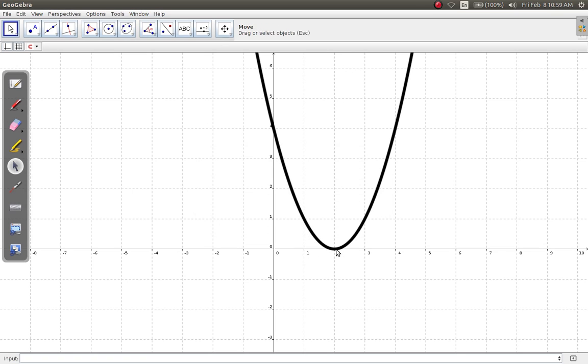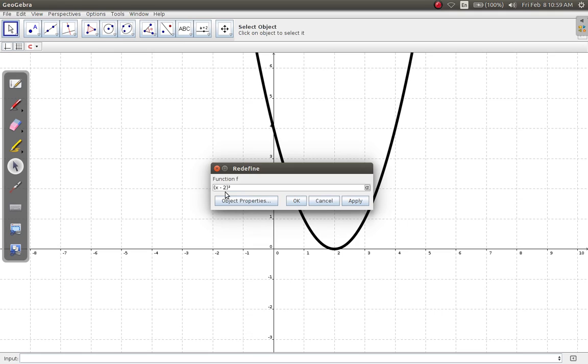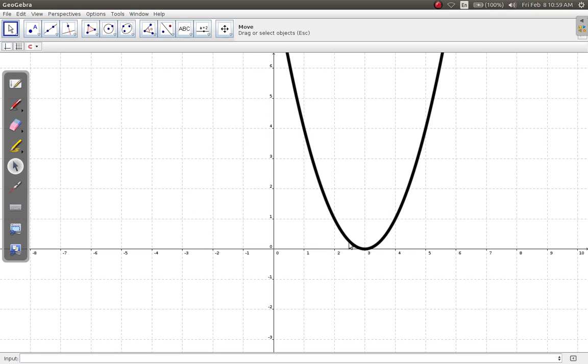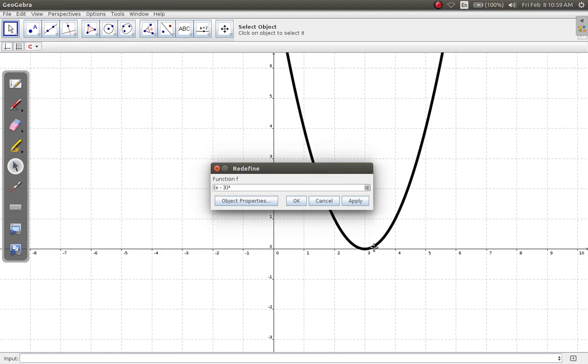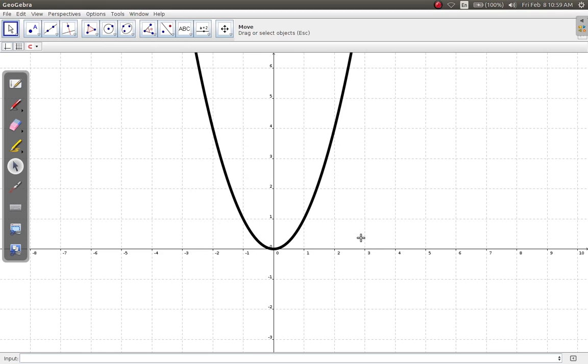You see what happened? When I go into the square and I say x minus 2, it moves 2 places to the right. Suppose I say minus 3, it moved 3 places to the right, from 0 to 3, because if I go back to x squared alone, the minimum point is right here in the middle.